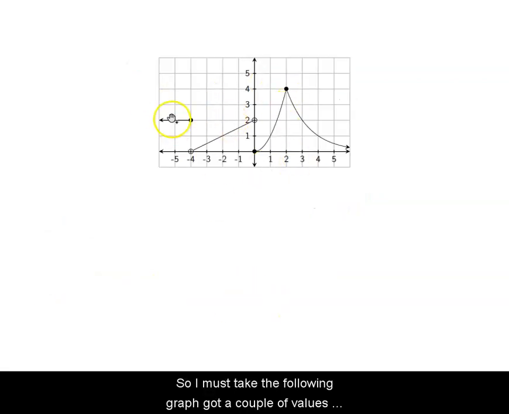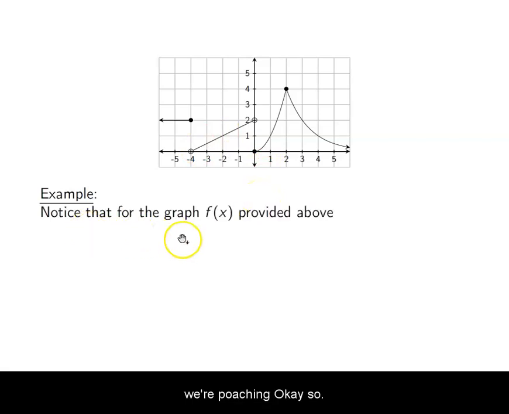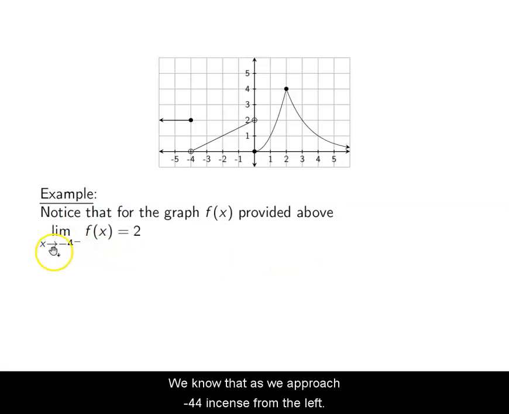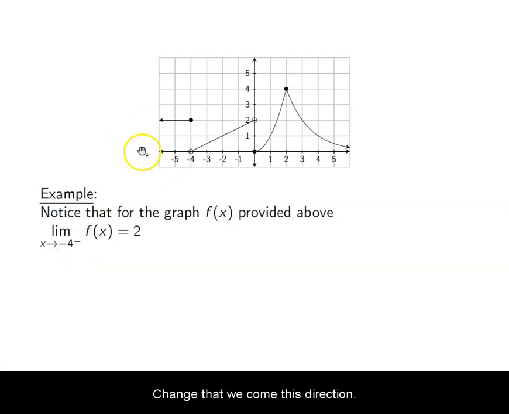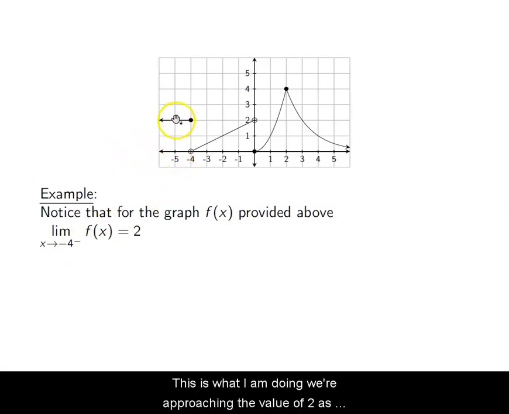So now let's take the following graph. We have a couple of values, left and right limits, and limits at single values, and we'll see what we're approaching. Looking at the graph above, as we approach -4 from the left, this is what our outputs are doing. We're approaching a value of 2.